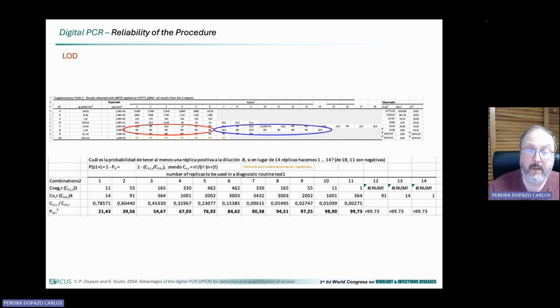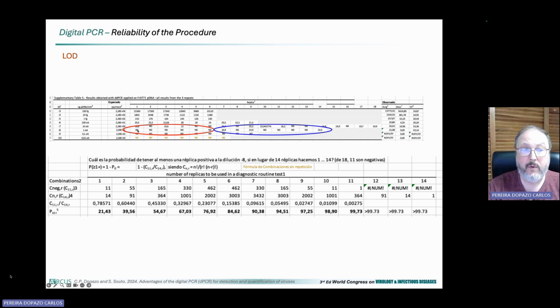As an example, in this case, we used 6 replicas for the evaluation of the repeatability and reproducibility. And you can see here that in the dilutions of -7 and -8 and below, we could not detect any positive reaction in any of the replicas.